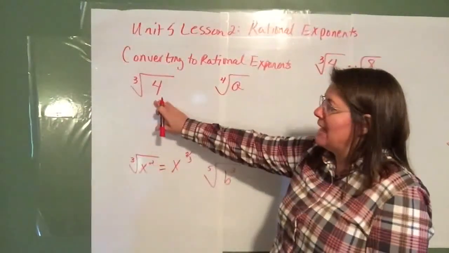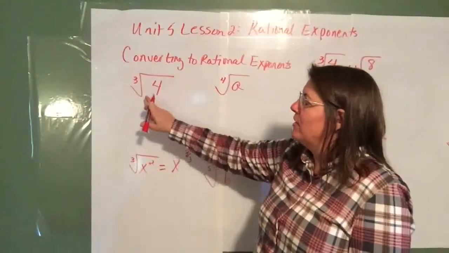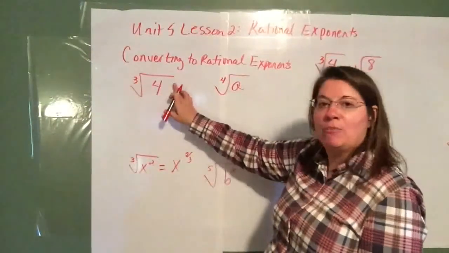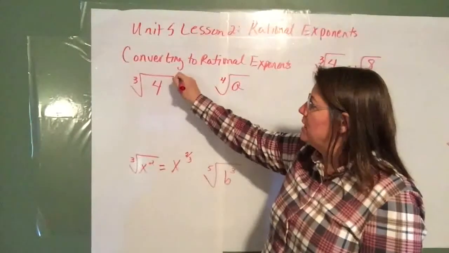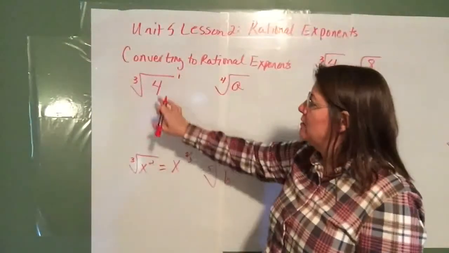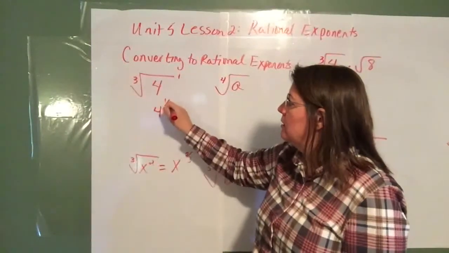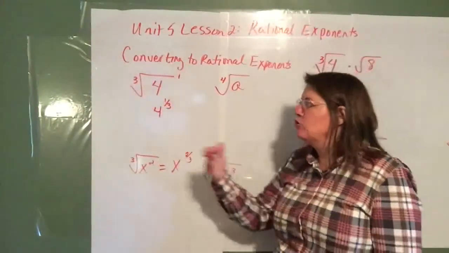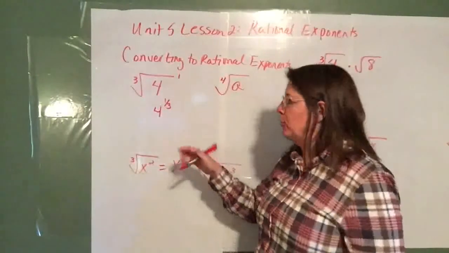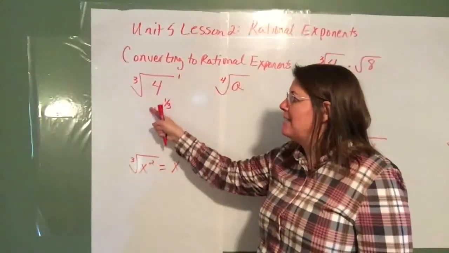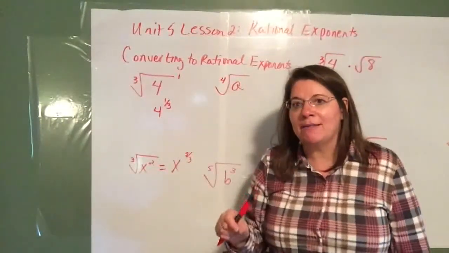So knowing that, if we have something like this that has a root but does not have an exponent here, this is understood to be a 1. So that is 4 to the 1/3 power. And anytime we're trying to simplify these type of problems, we want to get our base number as small as it can possibly be.